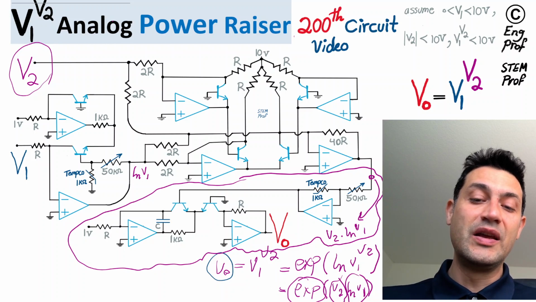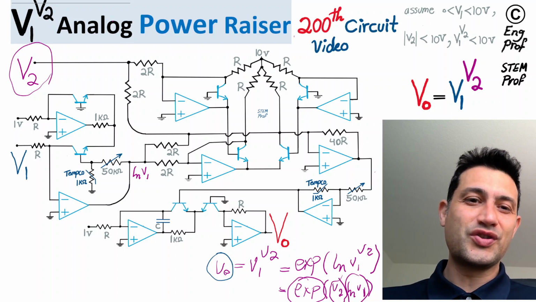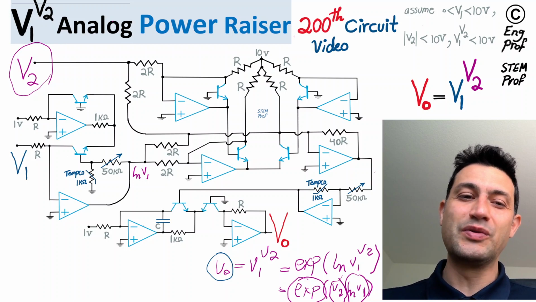So that's the big picture of the operation of this circuit. I hope that this big picture helps with clarifying the circuit, because it looks busy, but it's actually a simple trick and idea, but it's a neat one.